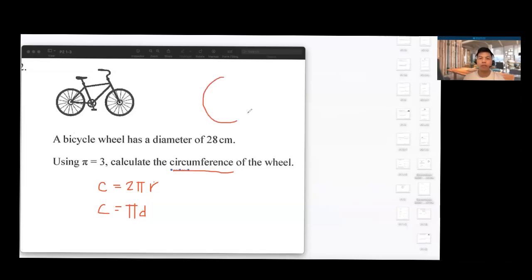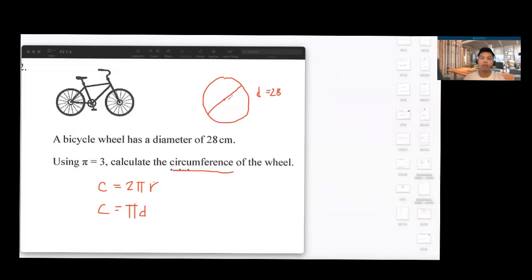Hello? So if you have a circle, and this is the center, the line that would pass through that point at the center is the diameter. So that is, according to our problem, 28. Diameter is 28. That's D.